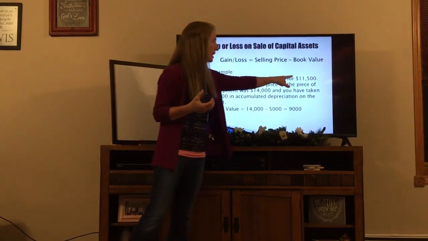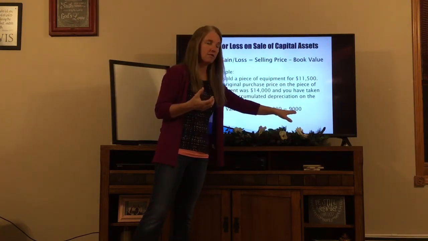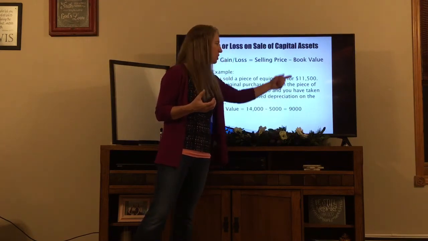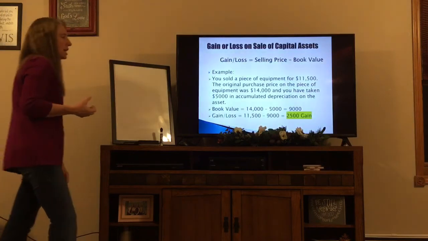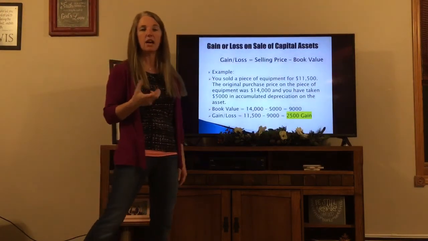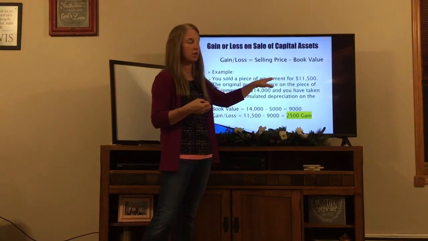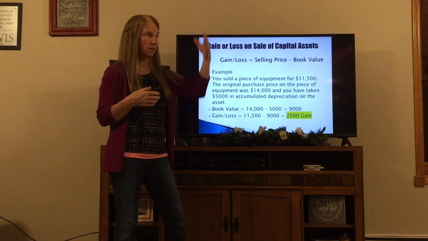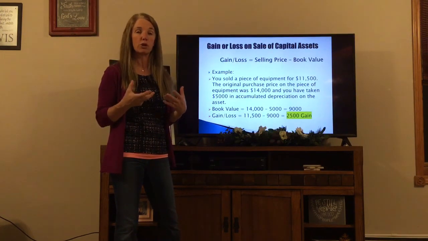Well, we sold this asset for $11,500. We had purchase minus depreciation of a book value of $9,000. So I'm going to take that $11,500 minus the $9,000, and I see that I have a gain of $2,500 on this particular sale of the equipment. So I'm going to show down in that income statement, in the very bottom section, a gain of $2,500.